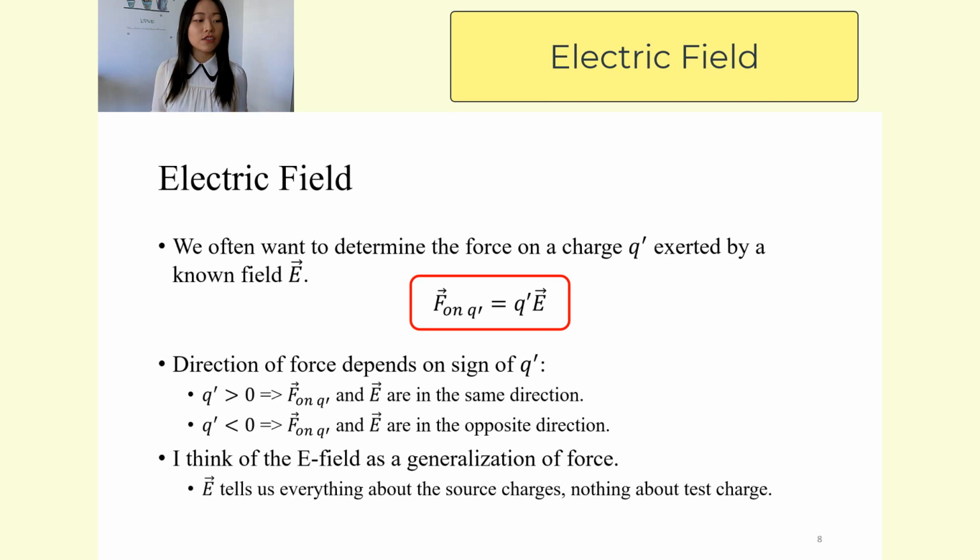If the test charge is positive, then the force would be in the same direction as the electric field. If the test charge is negative, then the force on the test charge would be in the opposite direction to the electric field. And I think of the electric field as a generalization of force. Electric field tells us everything about the source charges and nothing about the test charge.